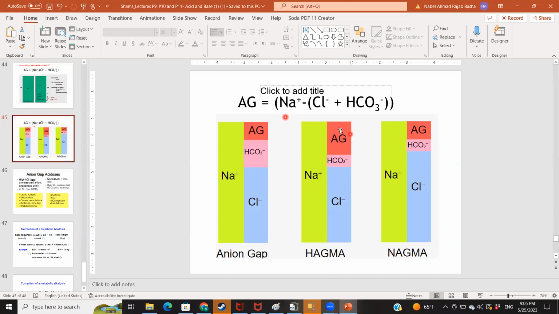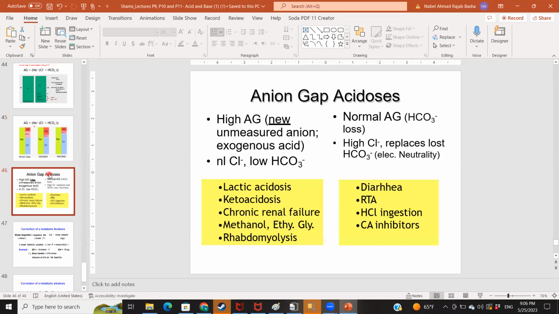So the end result is a huge gap, because I decreased bicarbonate, however I did not increase chloride. So this is just a method to differentiate between the causes of metabolic acidosis.